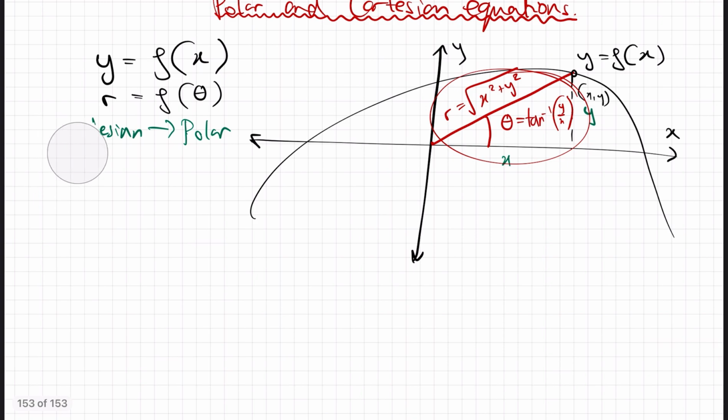I should have written that we're converting polar to Cartesian in this case. These are the equations you use to convert from polar to Cartesian.